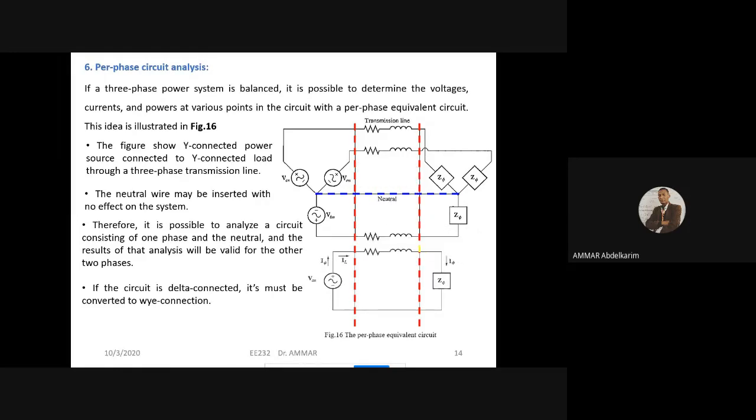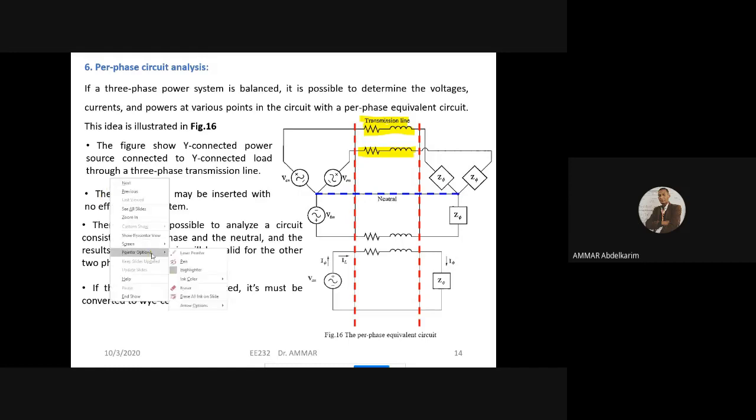This is the impedance of the line. Sometimes it can be taken, sometimes it is neglected because it's too small. It varies from problem to problem, sometimes they consider it, sometimes they neglect it.